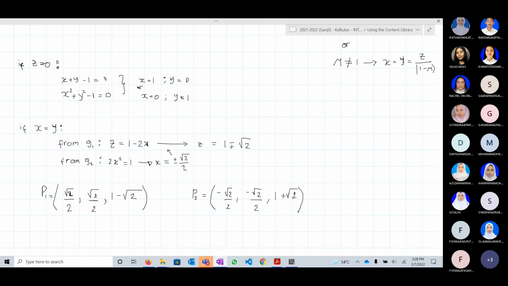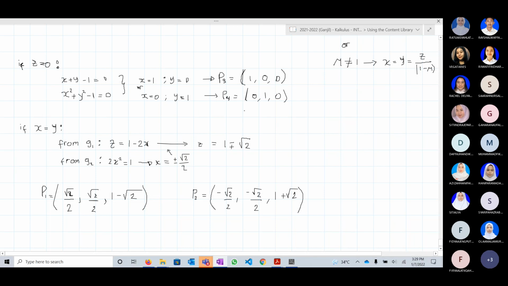So in this case, we find many points. From the first case we have P3, which is 1, 0, 0, and from the second one we have P4, which is 0, 1, 0.